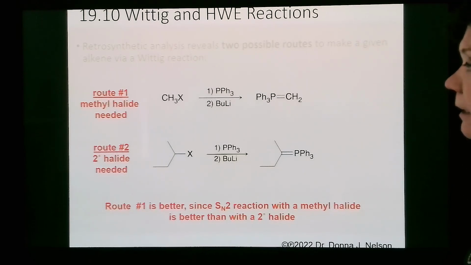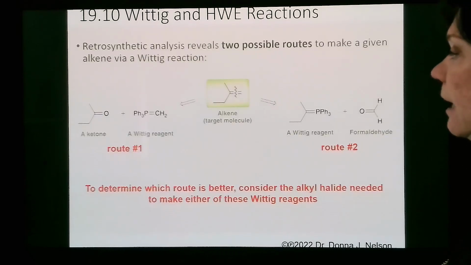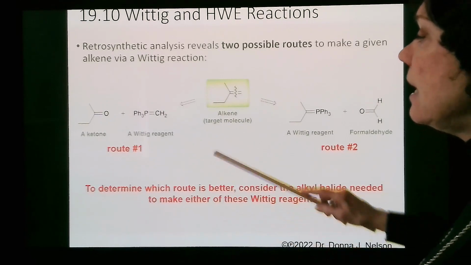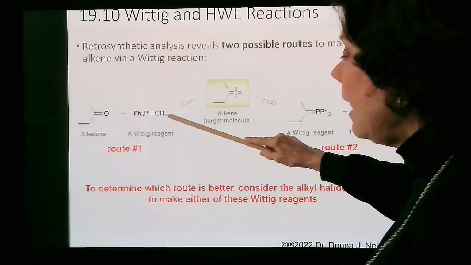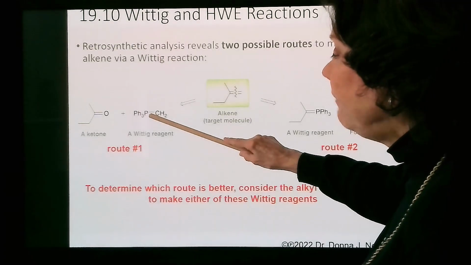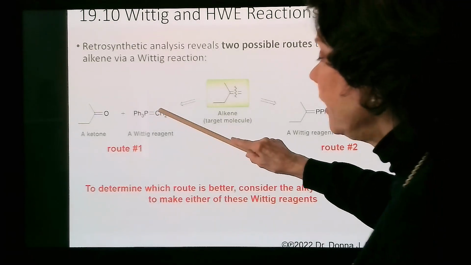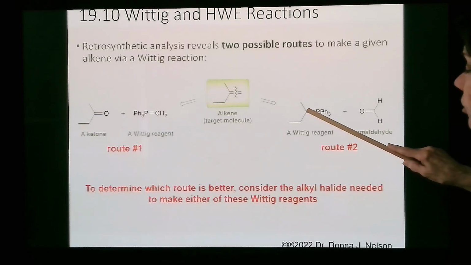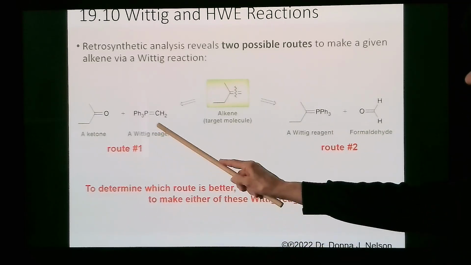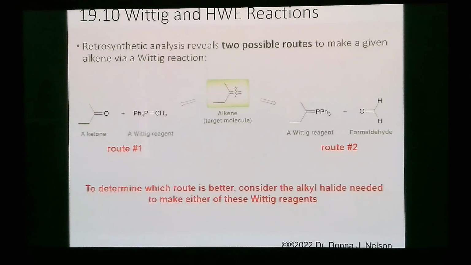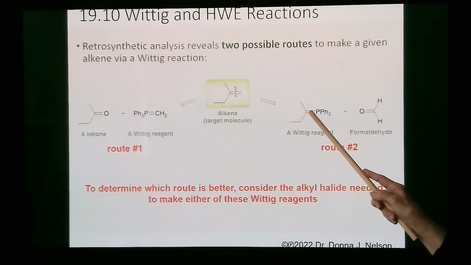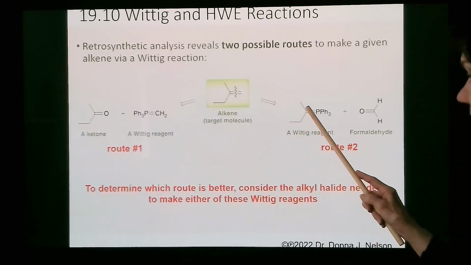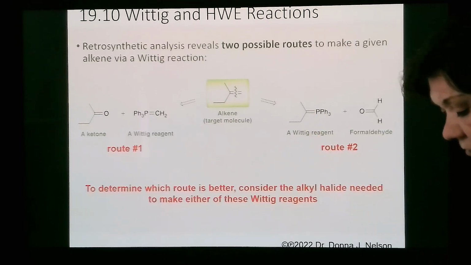So we go back and look at this, and you can see that the alkyl halide furnishing this Wittig reagent is going to be less sterically hindered than this alkyl halide, which would furnish this Wittig reagent. And so this one is going to be preferred because of the steric hindrance at the reagent necessary to give this Wittig reagent.